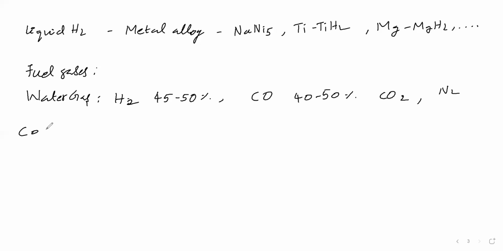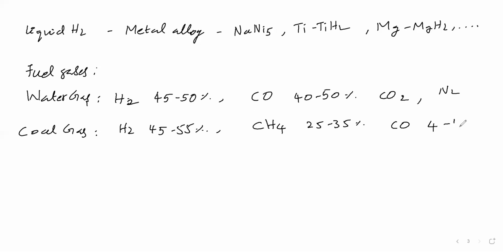Next we will take coal gas. In coal gas, hydrogen is present at 45 to 55%. Then methane is 25 to 35%. Then carbon monoxide 4 to 11%.